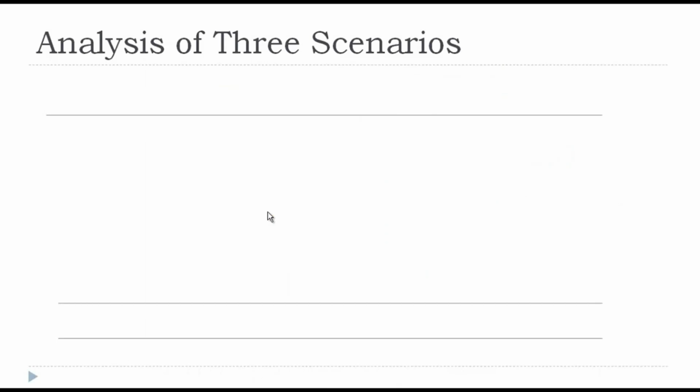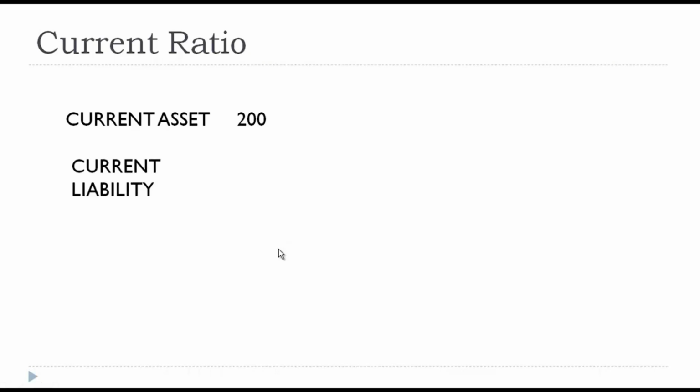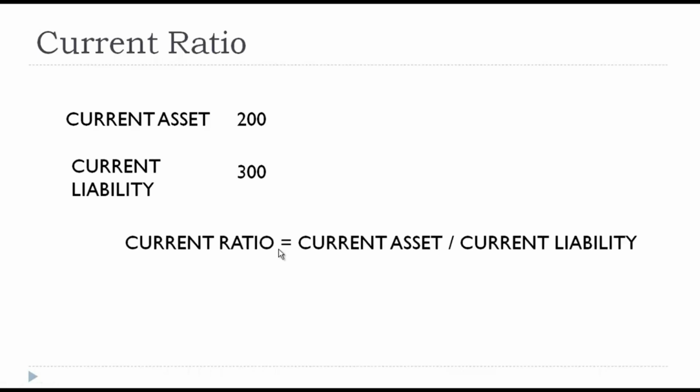So we'll analyze all the three scenarios now. I'm sorry, we have not worked out the current ratio for scenario 3. What was the current asset? The current asset available was only 200, whereas the current liability was 300. So the current ratio is basically current asset by current liability. So it is 200 by 300, which is 0.67:1.